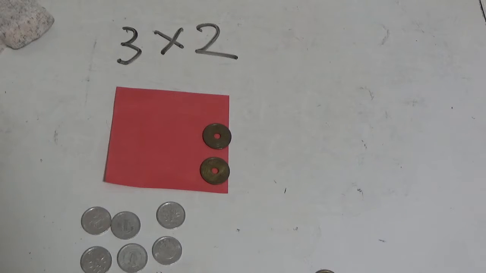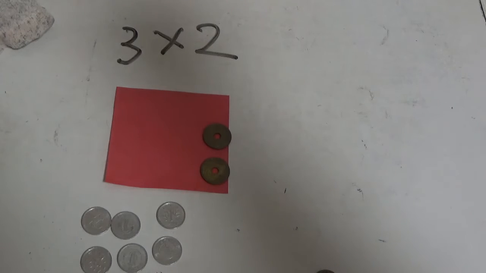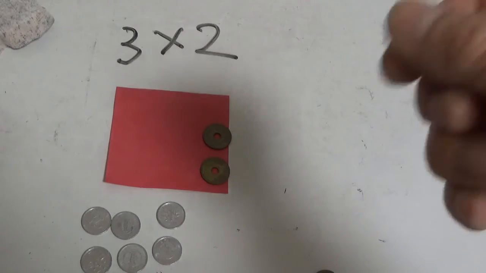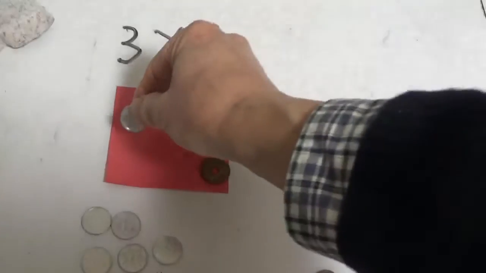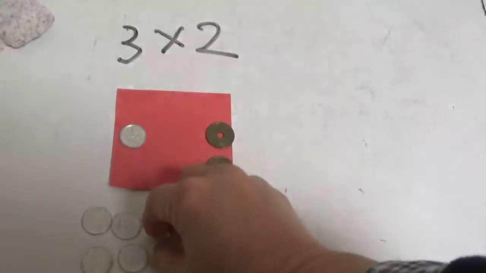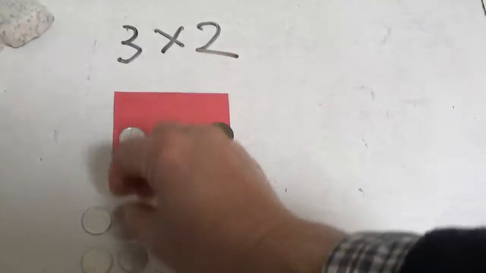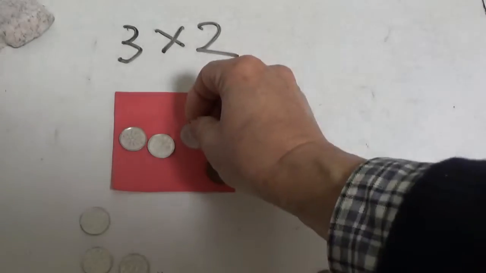Now let's try multiplication. 3 multiplied by 2 is to add 0 coins 2 times. There is 0 coin here, and 1, 2, 3.